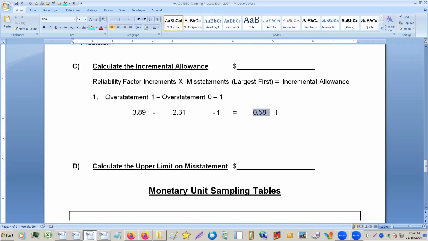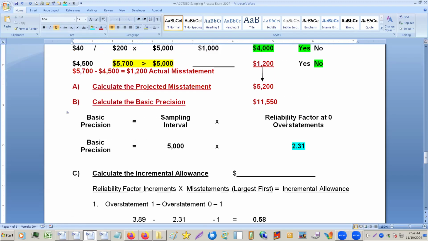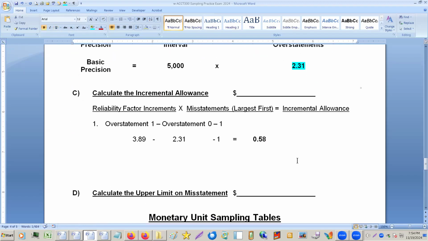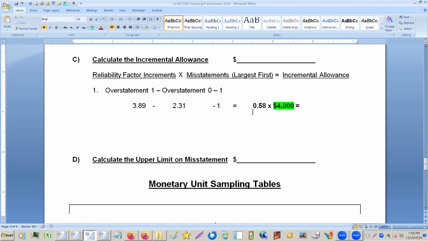And this is what we're going to multiply by our misstatements, the largest ones first. We only have one that we're going to do this for, that's the 4,000.